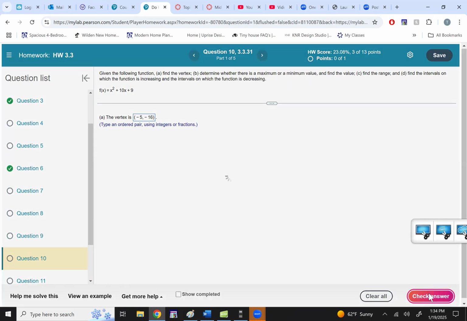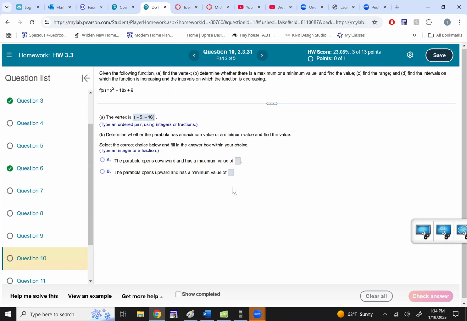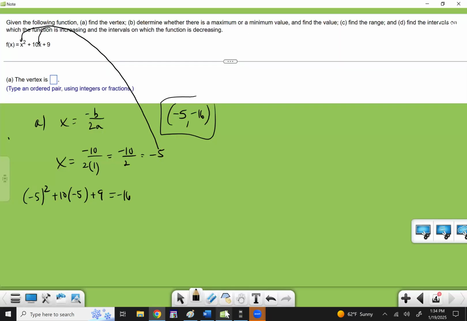All right, let's see how we did. Nice. Okay. Now, part B wants us to determine whether it has a maximum or a minimum. That comes down to the a. Remember that we said that a equals 1. Since it's positive, that implies that it's going to face up. For an upwards facing parabola, it has a lowest point. In other words, it has a minimum.